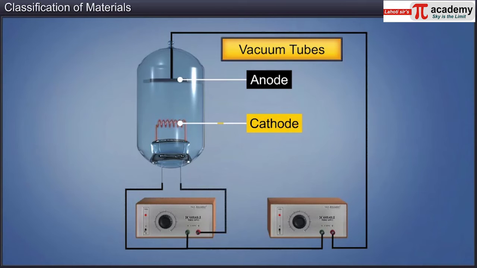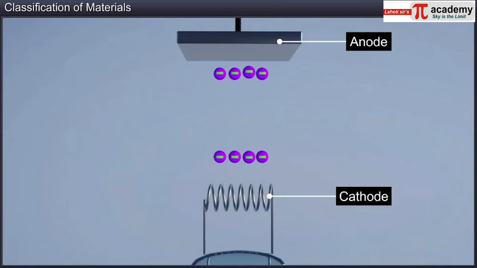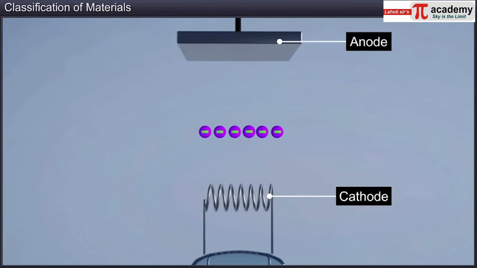When the cathode is heated, energy supplied to it helps the conduction electrons to overcome the electrostatic attractive force of the surface of the cathode, and they are set free to leave the cathode surface. The flow of the electrons is controlled by varying the voltage between the two electrodes.